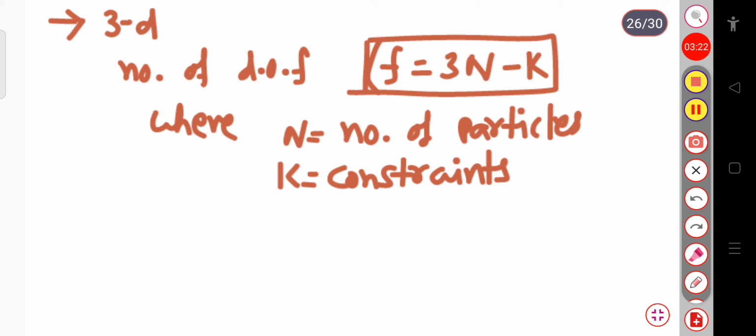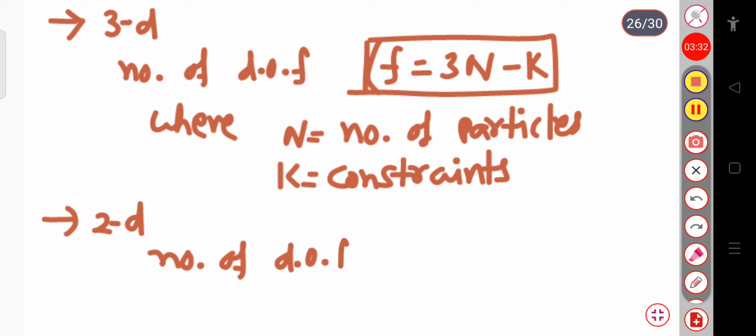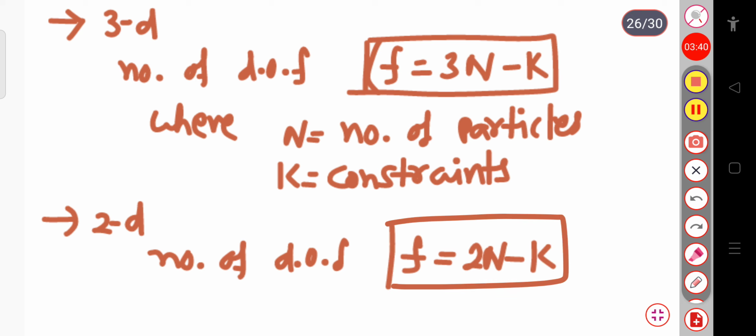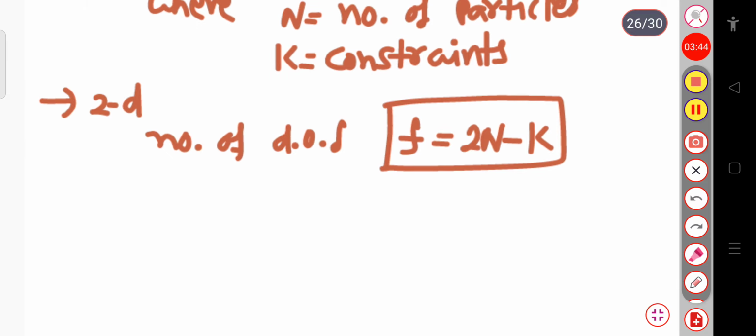And similarly, if I consider a two-dimensional system, the number of degrees of freedom F is equal to 2n minus k, and here also n represents the number of particles and k represents the constraints.